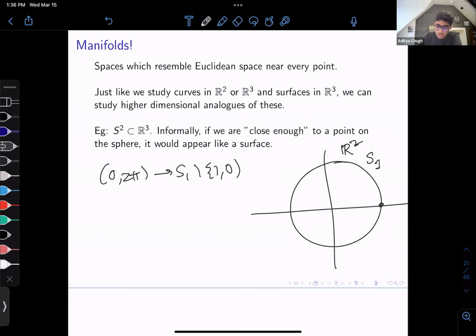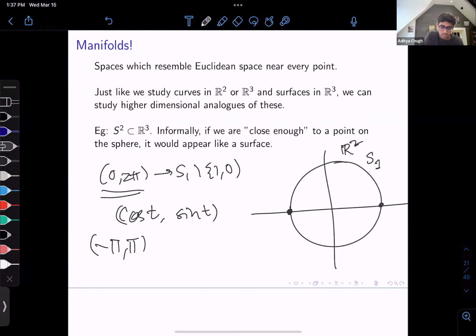That map would be described by cosine of t, sine of t, and that would map this interval onto the circle here, but just not this point. In a similar way, to include this point, you could define this map not from 0 to 2 pi, but from minus pi to pi. Then you would exclude this point, but then similarly define a map here. In this way, you've managed to describe the set through a map, and this is in R1.